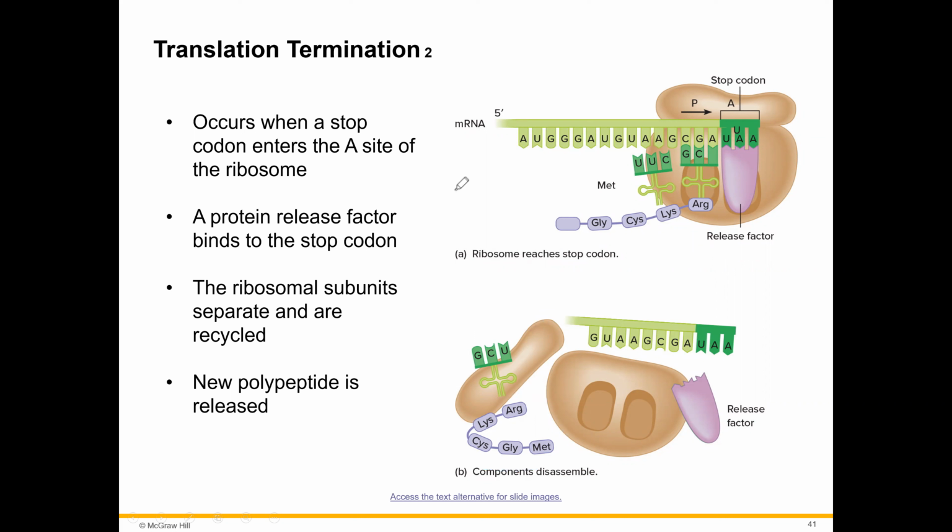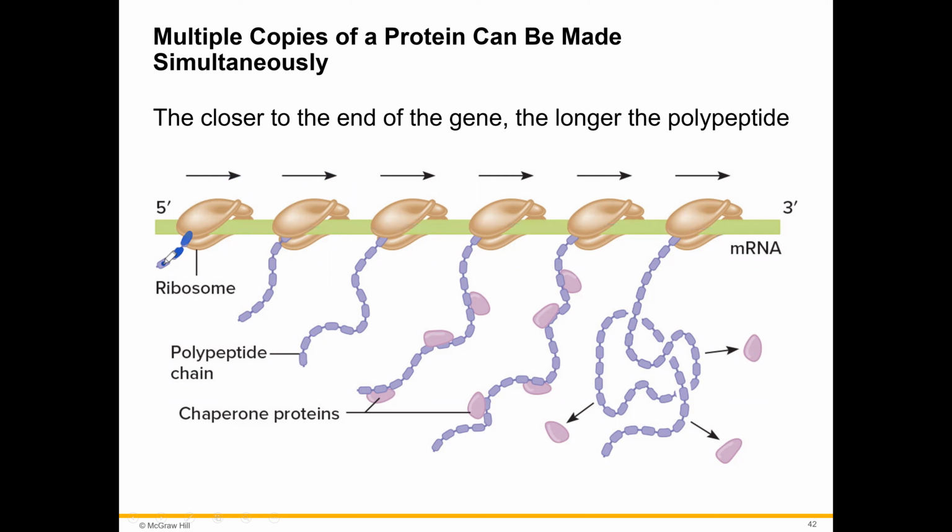Now, multiple copies of a protein can be made. All right, so you see over here, that's our messenger RNA, and we have several ribosomes reading this mRNA and using information in mRNA to synthesize the proteins.